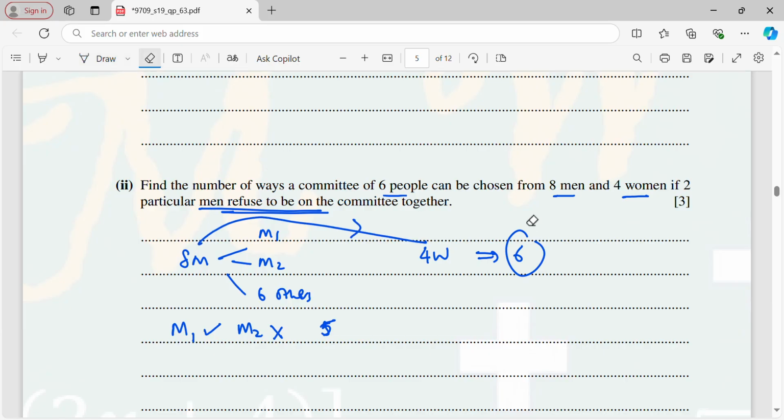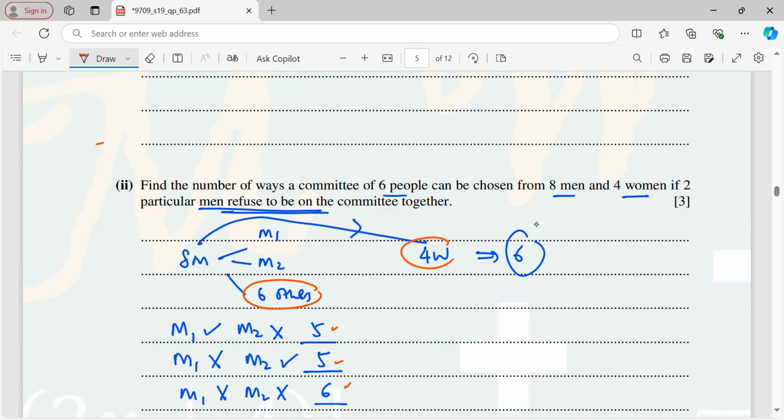I need to choose 5 more. Probably the first man is not chosen, the second man is chosen. I also need to choose 5 more. And then probably both of them are not chosen. Then I have to choose 6 persons from the remaining. All this I have to choose from 6 plus 4, that means from the 10.